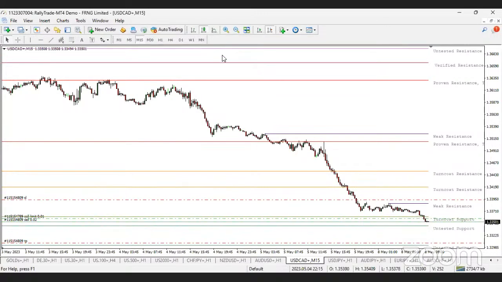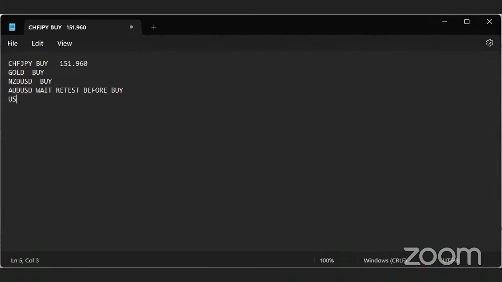Let me add that to our notepad. So we have USD CAD, short sell on 15 minutes. And then also on USD CAD, we need to wait for the complete buy setup.